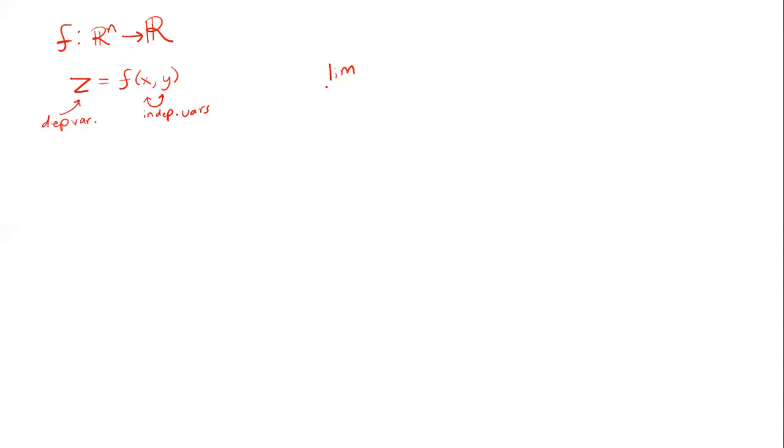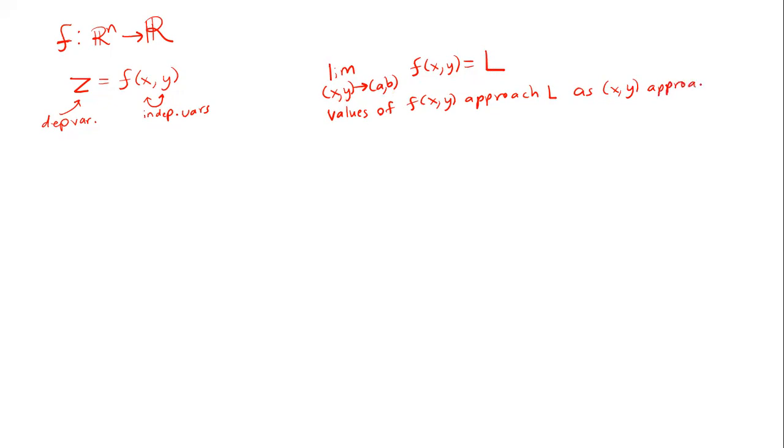So when we write the limit as (x,y) goes to (a,b) of f(x,y) is equal to L, what this means is that the values of f(x,y) approach L as (x,y) approaches (a,b) along any path that stays in the domain of f.